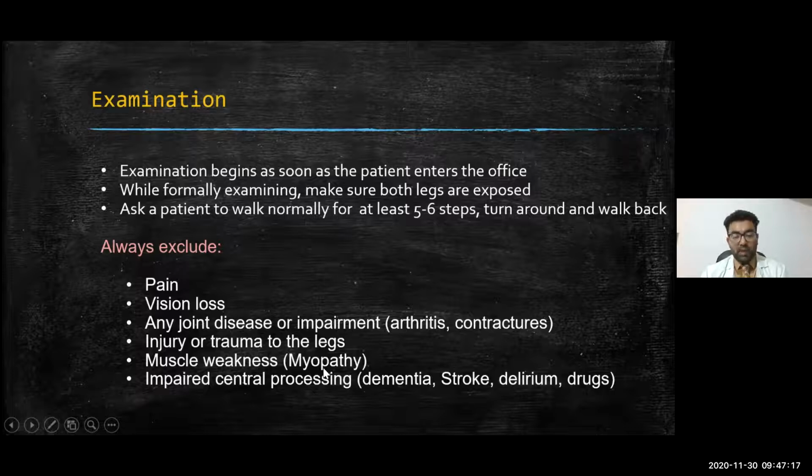Muscle weakness or myopathy in general, for example, if the patient is on steroids and has a myopathy secondary to it, can also give rise to an abnormal gait. Sometimes impaired central processing in case of dementia, stroke, delirium, or if the patient is intoxicated with drugs, can also give rise to an abnormal gait. So always exclude these before thinking about any neurological causes.